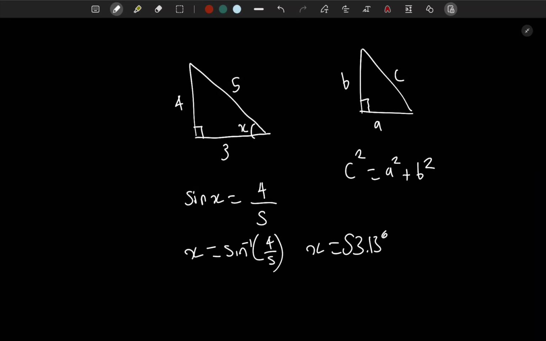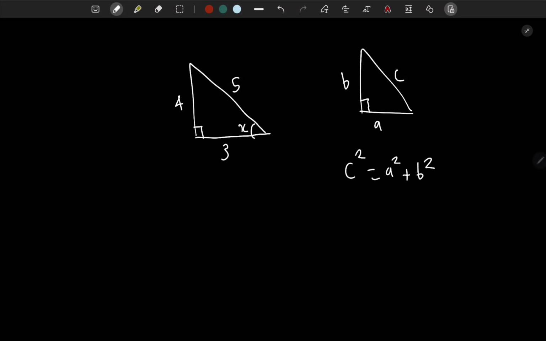We can try solving with cosine now. So as we know, cosine x is going to be adjacent over hypotenuse. So you need to memorize these three formulas, of course, sine, cosine, and tan. You can do it by simple SOH CAH TOA. So always just memorize this one line.